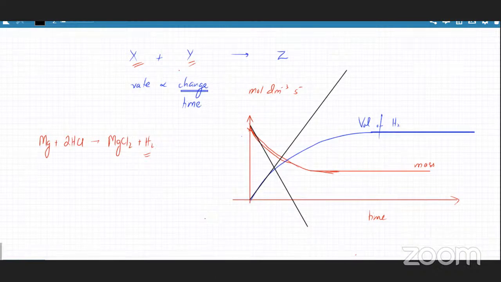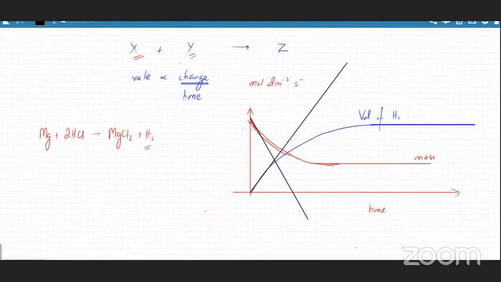And the other thing is you always look for the initial rate. Rate always comes to zero, it's a variable with respect to time. So if you're doing some comparison, you always measure the initial rate right at the beginning, and you'll be asked to draw gradients for that.